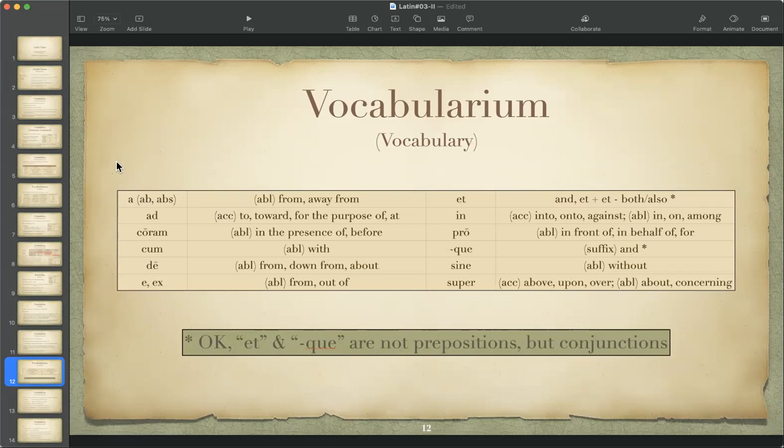And part of the reason for it, let's take aqua. Okay, water. So if we wanted to say from the water or away from the water, we would say op aqua or ops aqua. Op probably being the most common word. We would not say a aqua because that is actually rather hard on the ears and hard on the tongue.